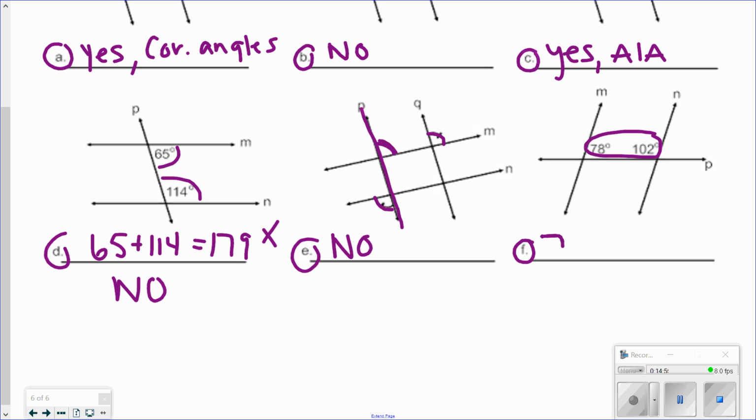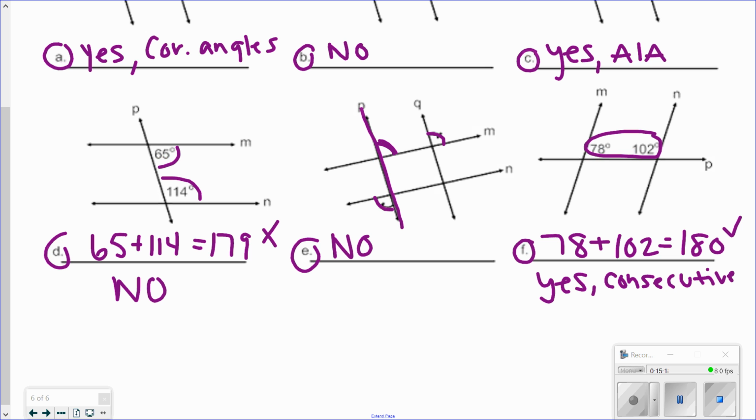So let's add this up. 78 plus 102 is equal to 180 degrees. So this works. So yes, and these are consecutive. So we do have enough information.